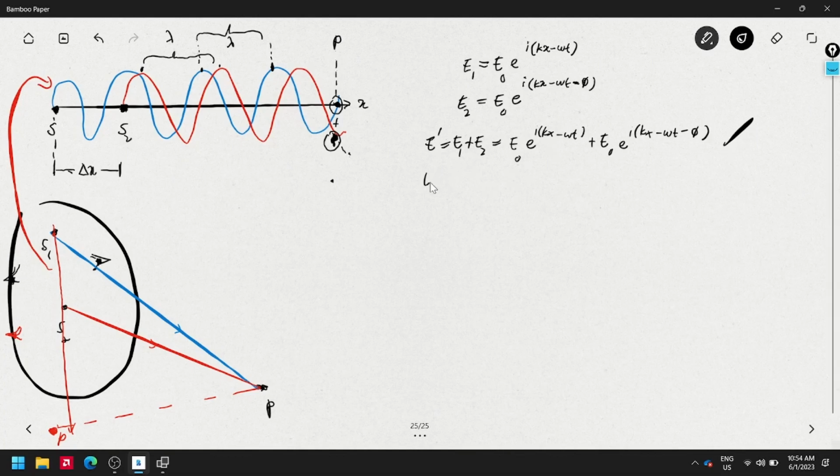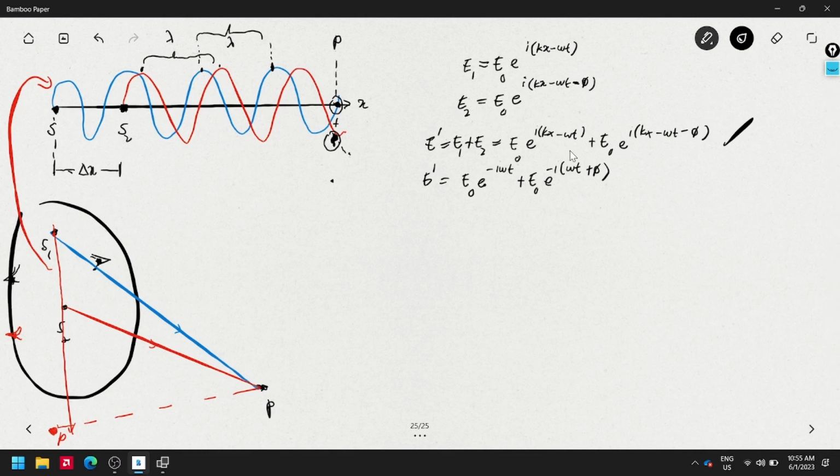Instead of using this one, we can also write this as E prime equals E naught, e^(minus i omega t) plus e^(minus i omega t plus phi). Because I'm not going to bother with my kx. This is mathematics, yeah? Throughout my analysis, I will not modify kx and omega t because they are coherent.